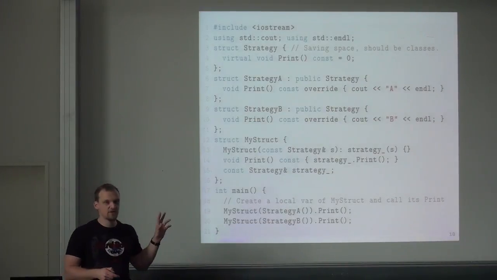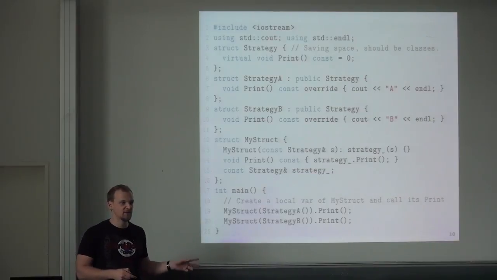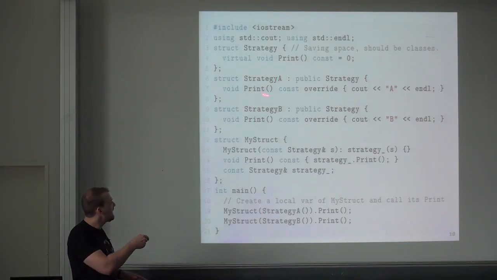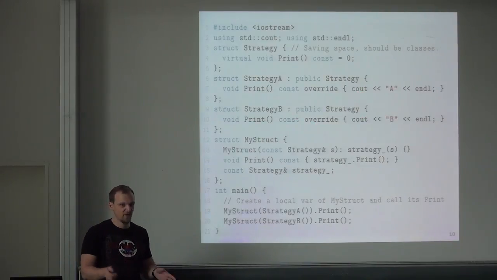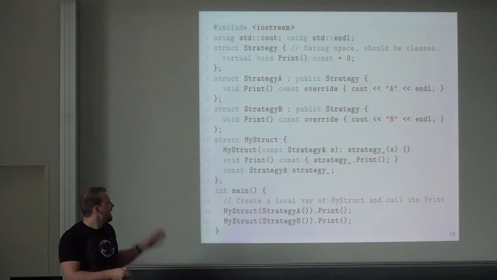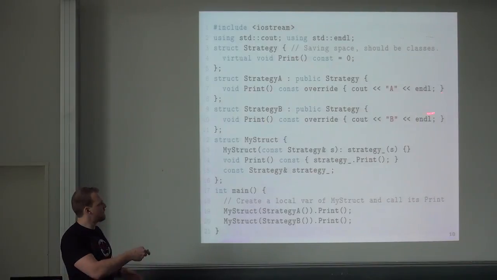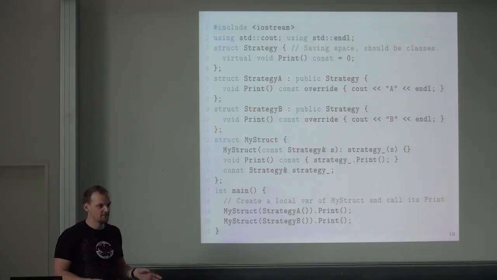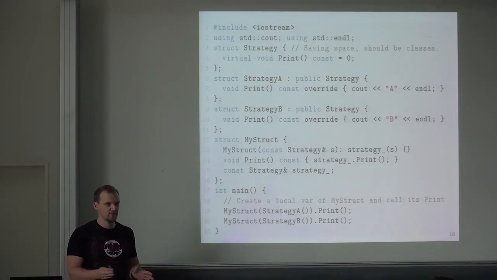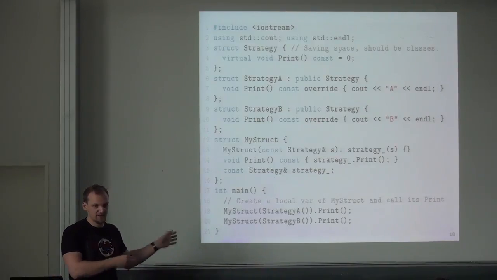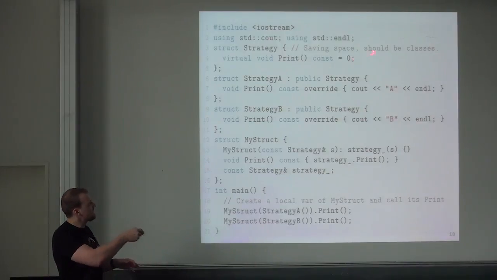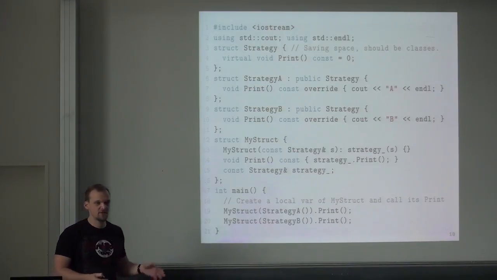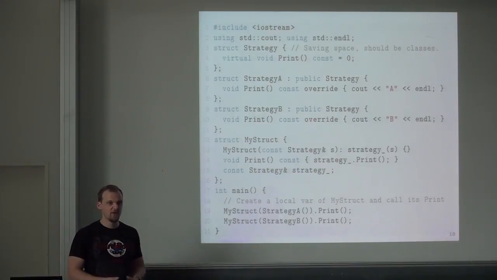Then I have two implementations of this print strategy: strategy A and strategy B. They both rely on the strategy interface, I hope that's clear. And they both override the print function to print A and B respectively. They are different classes that just define this function. Again, there can be as many functions here as we want: 2, 10, 20, whatever.